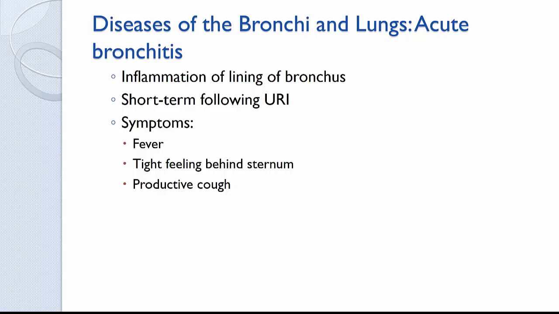And in this case, the palliative measures again will be helpful. And in some cases with acute bronchitis, the symptoms may last a very long time, up to several weeks, but again, it's viral, it's not bacterial.